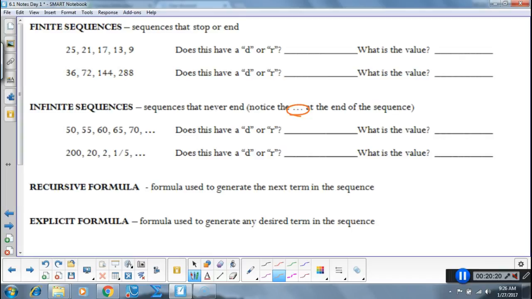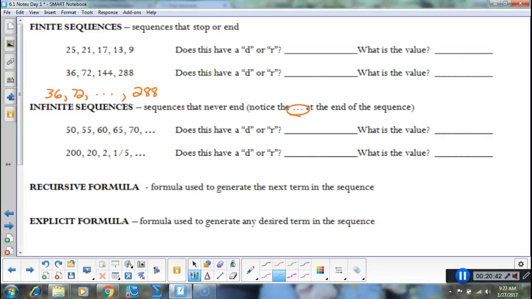So we could write a sequence like this, 36, comma, 72, comma, dot, dot, dot, comma, 288. That is not an infinite sequence. We can put the dot, dot, dot in between, and it still is a finite sequence.